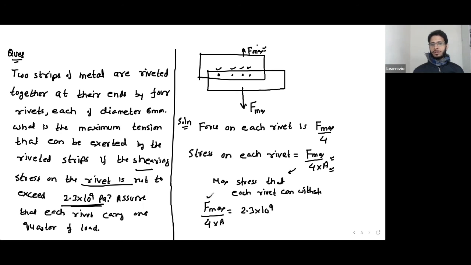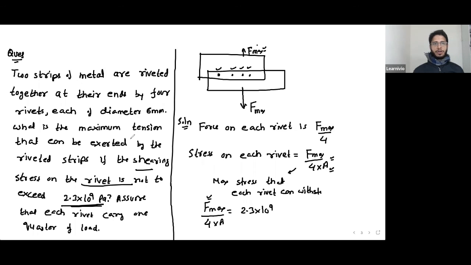You're supposed to calculate this F max. So you can write that this F max is 2.3 into 10 raised power 9 into 4 into area. Next, you would need the area of each rivet.